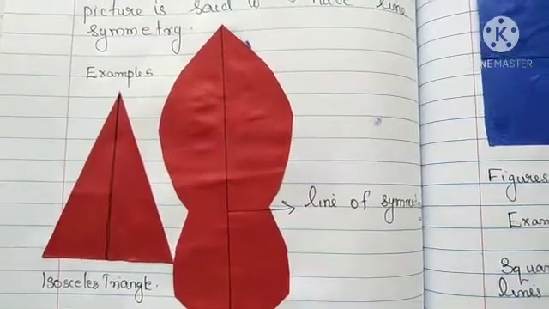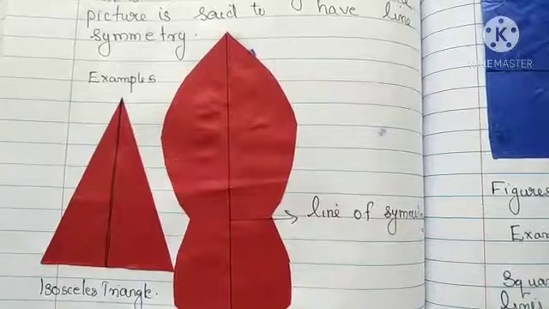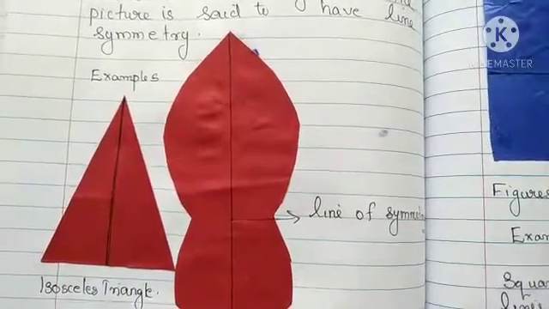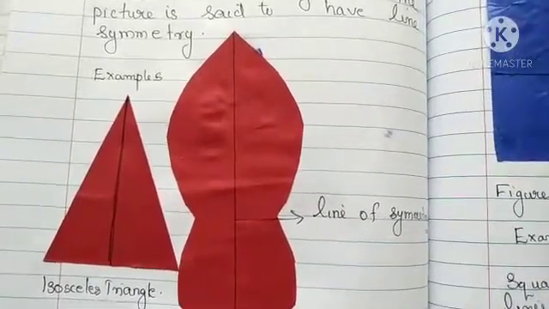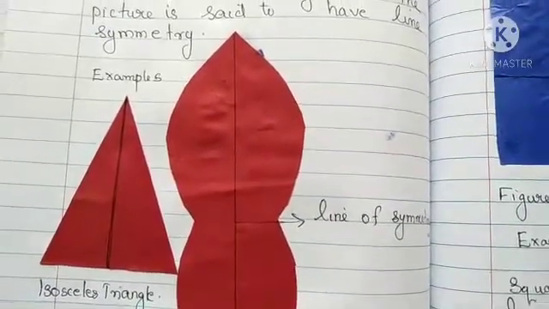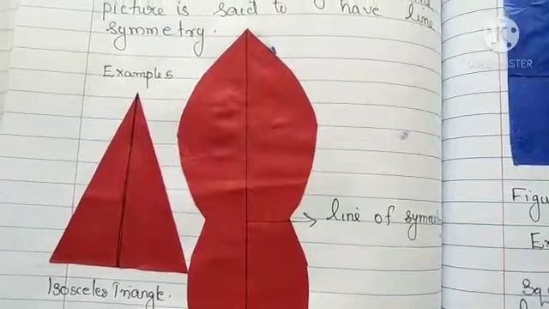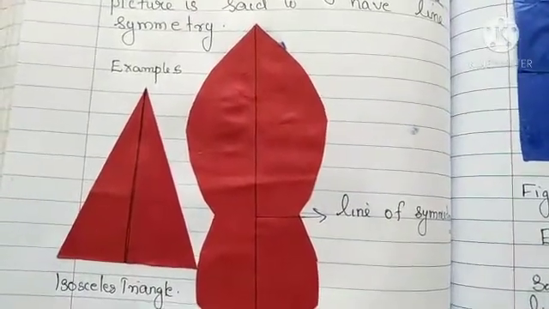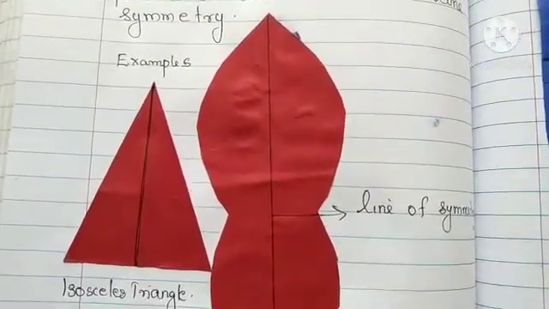So we can check for each shape how many lines of symmetry. Okay, so we defined symmetry such that if we could fold a picture in half such that the two halves match exactly, then the picture is said to have line symmetry. Here you can see two pictures.